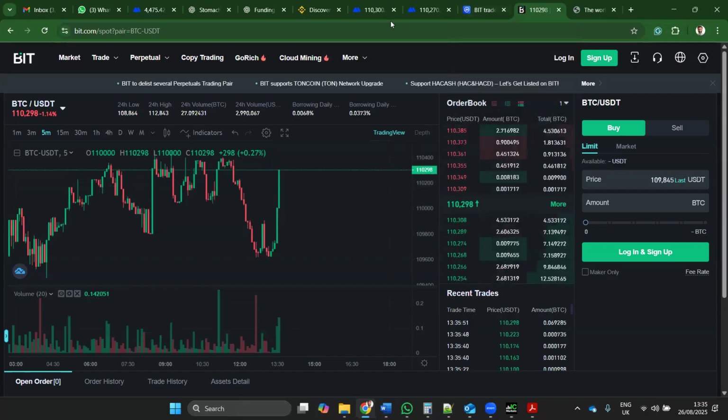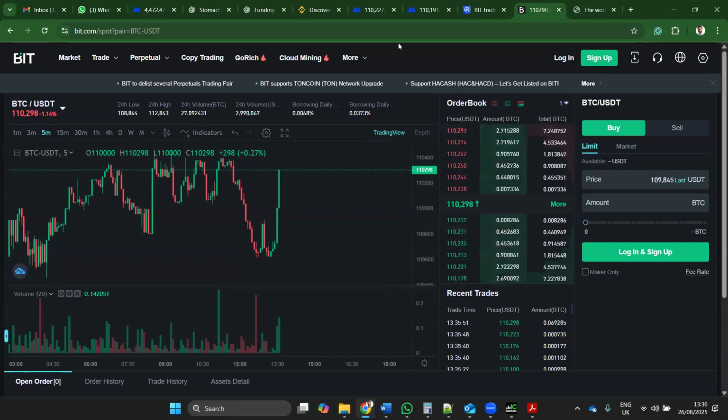The other point that I want to make is that different cryptocurrency exchanges which are providing you spot trading can have slightly different prices. Whenever you're trading in spot, you're trading the actual real asset.